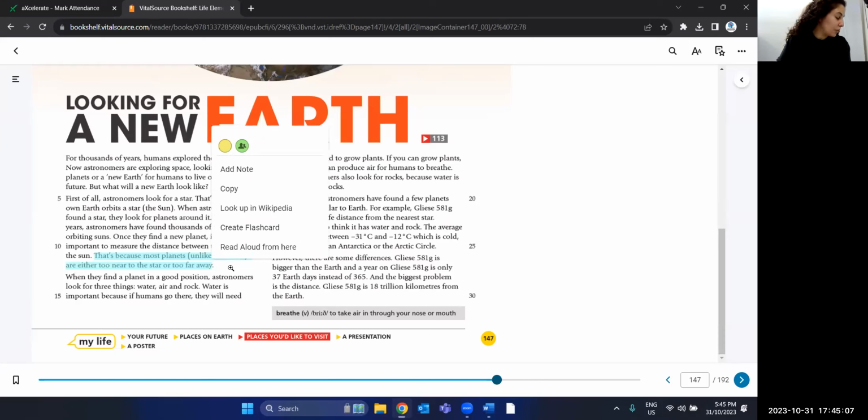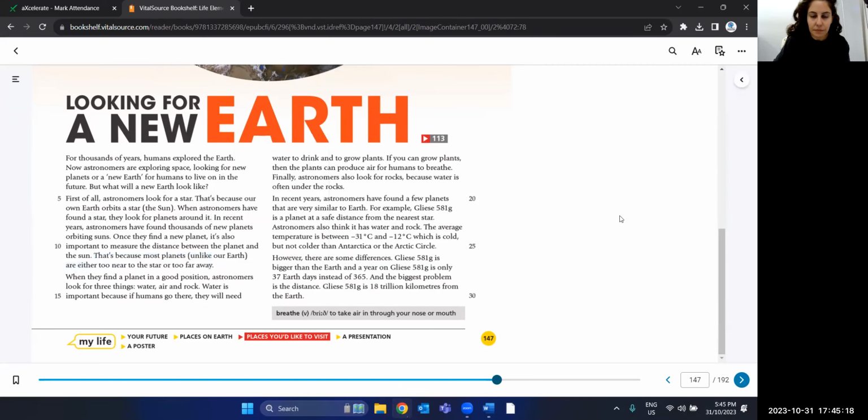Okay, number B, with current space technology, humans will take 766,000 years to travel there. I guess it's in that last paragraph.